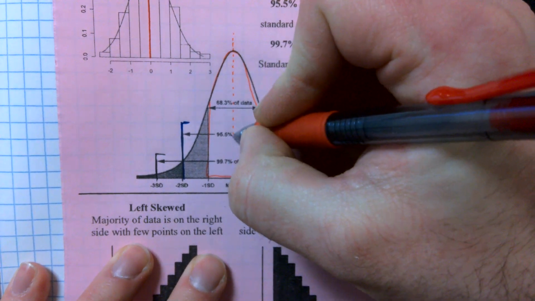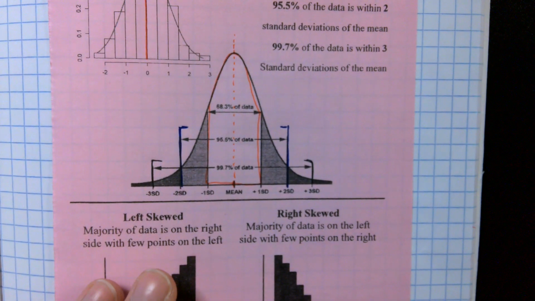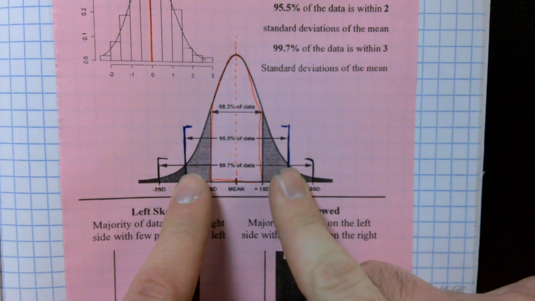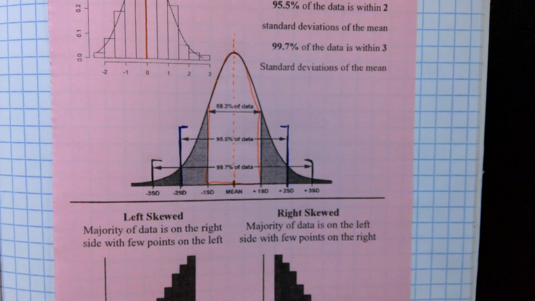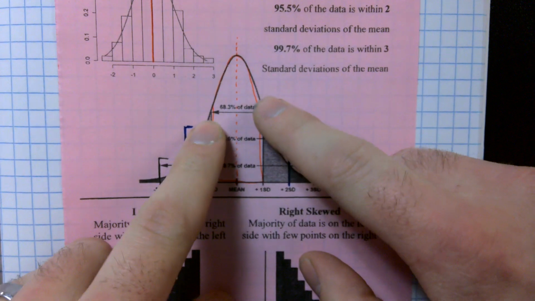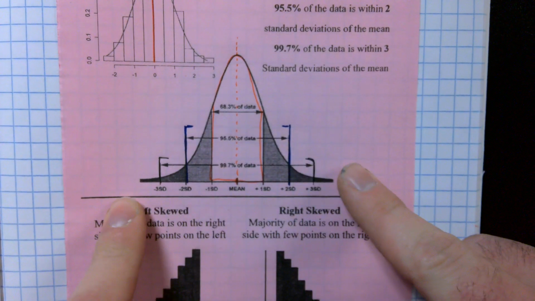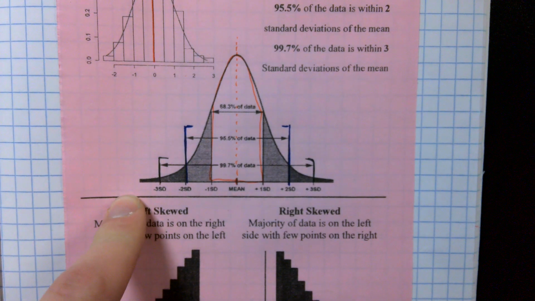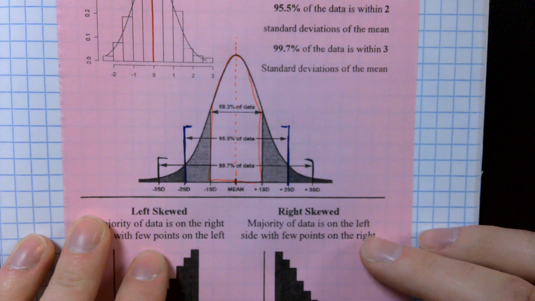That's my mean. Okay? And if I look at this curve, I can assume, without even knowing what's going on with this curve, a lot of the data is clustered around that mean. It's very, very heavily favored in the center, right? That means that our standard deviation would be very, very low. The closer all our data is to the center, the lower our standard deviation is.